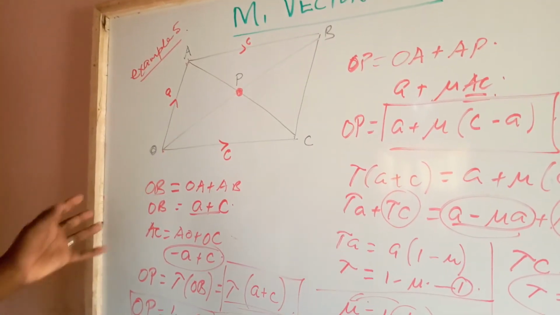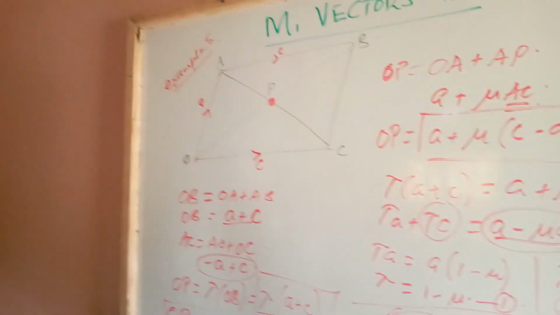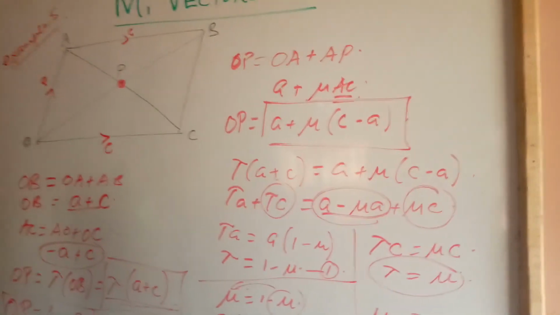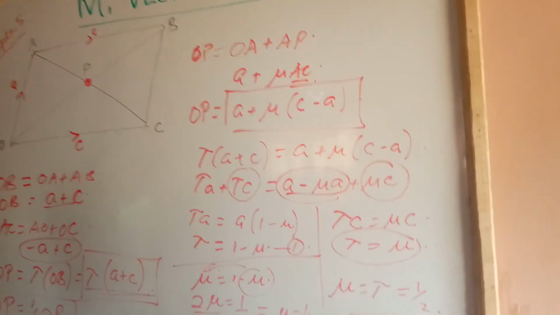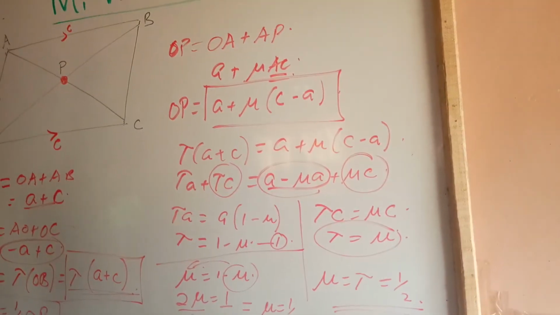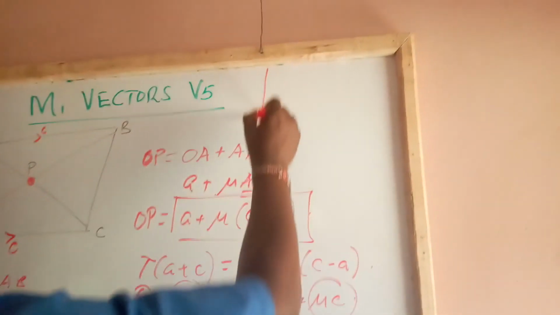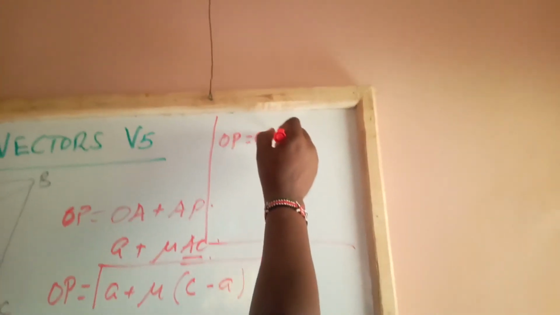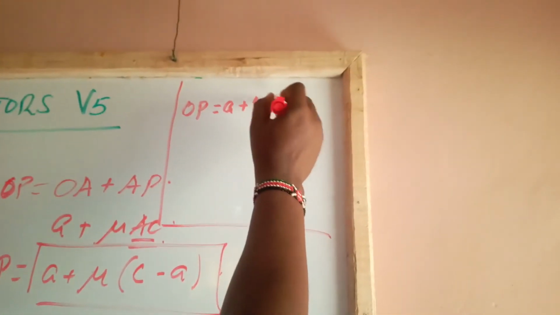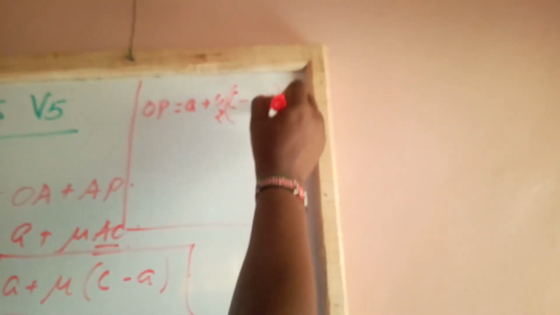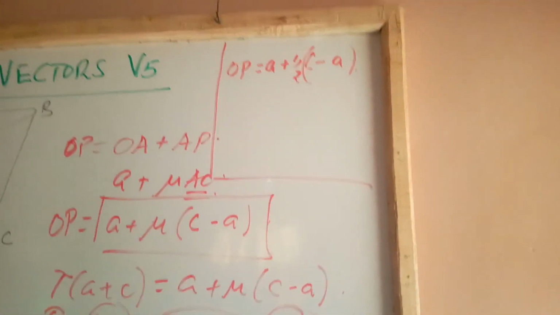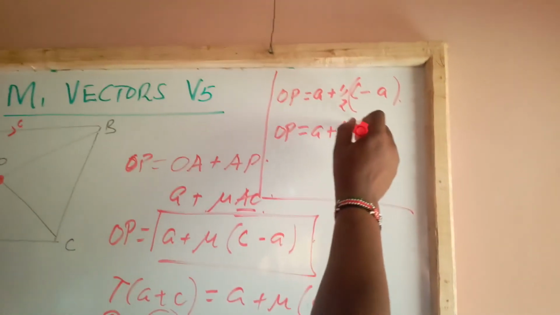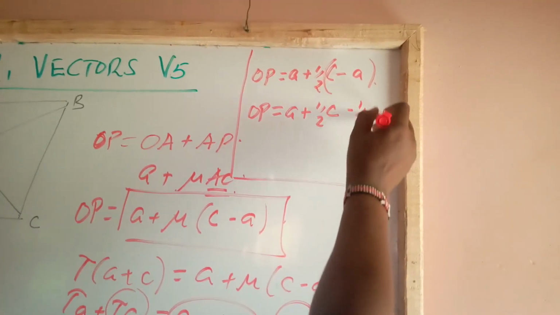What if we followed the other route, OP equals a plus mu (c minus a), but mu is also a half. Let us consider that. OP equals a plus a half (c minus a). If you open this bracket, you have OP equals a plus a half c minus a half a.